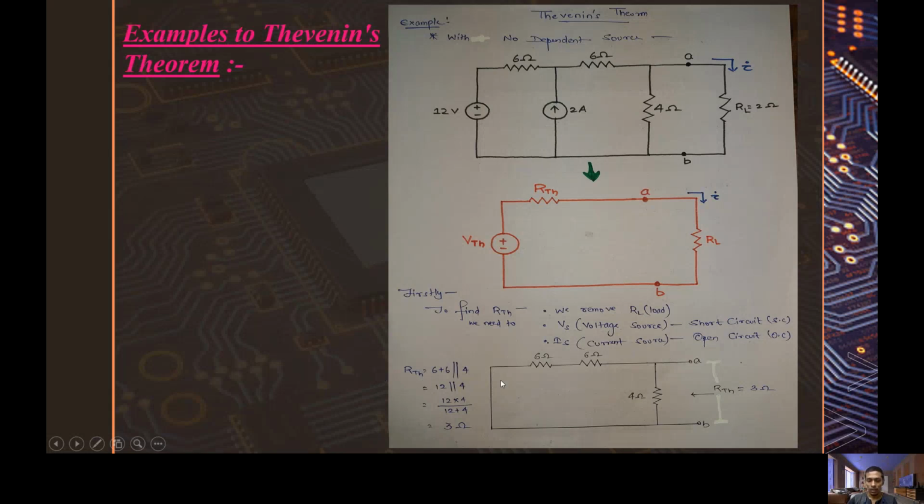After solving the series and parallel resistance combinations, firstly, 6 ohm and 6 ohm resistances are in series, so it sums up to 12 ohm, and it is in parallel with 4 ohm. On doing that, we will get R Thevenin as 3 ohm.